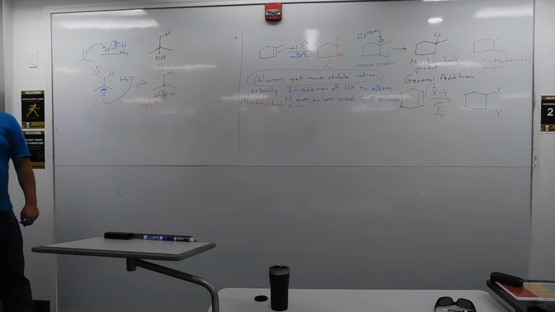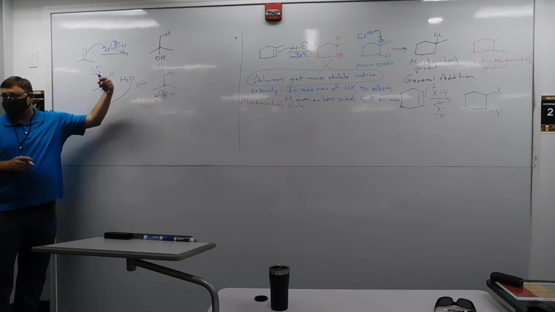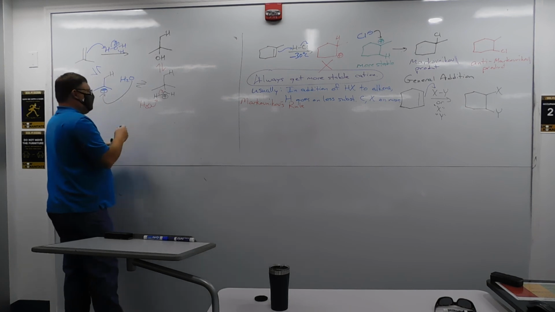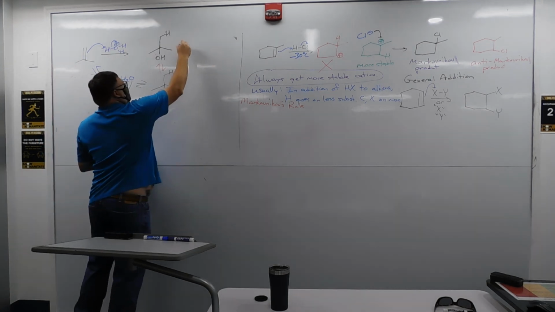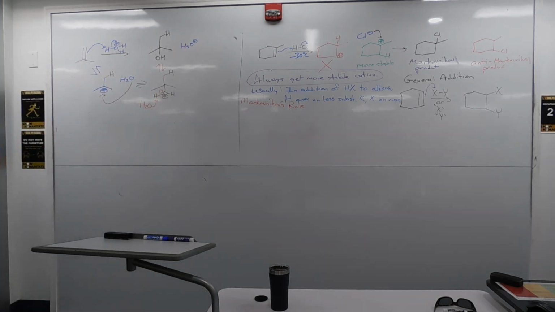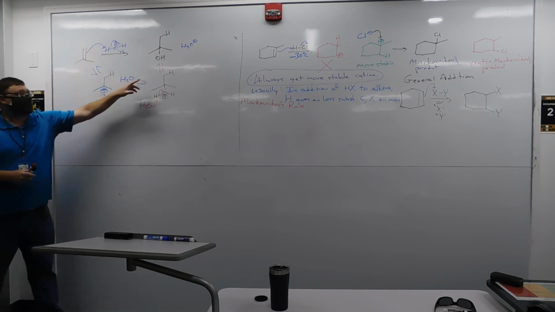That makes our product. If we take one of these H's from the protonated alcohol, we get the alcohol. And importantly, when H2O takes a proton, we generate H3O+, so it's a true catalyst. H3O+ is consumed in the reaction, and it's also produced in the reaction.